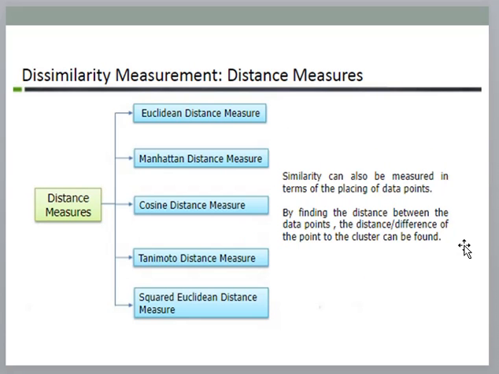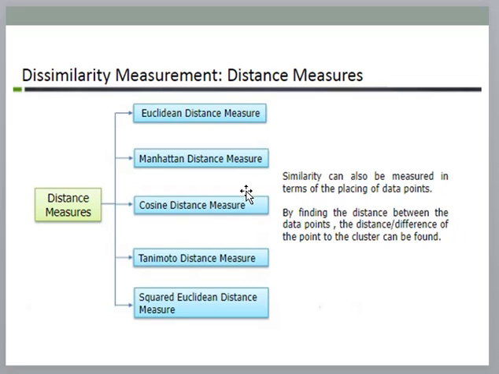As we discussed also in the previous lecture, we have basically 5 different kinds of similarity measures which we can use in order to find the similarities between different objects. Out of these 5 similarity measures, we most commonly use 3. One is the Euclidean distance measure, another is the Manhattan distance measure, and third is the cosine distance measure.